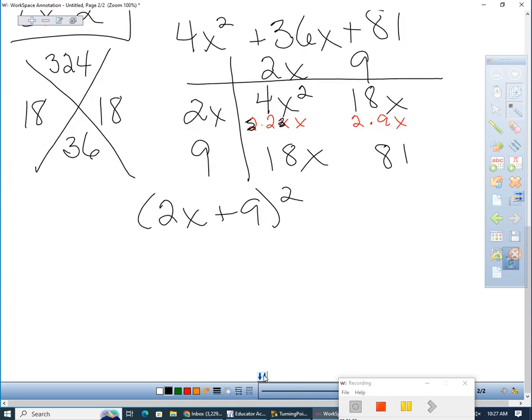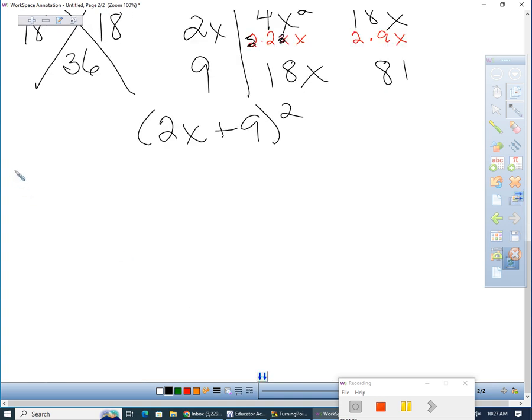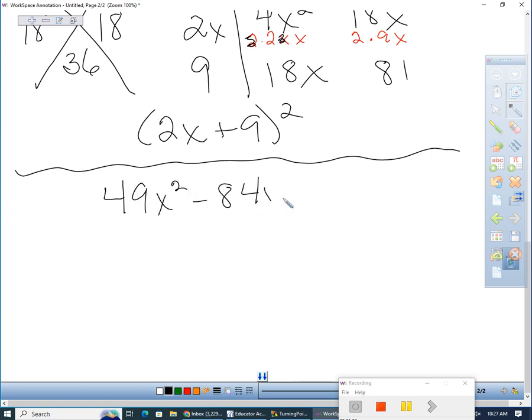All right. Let's do one more underneath that one real quick, and then we'll go to the other one. So let's do one that's really big and ugly. How about 49x squared minus 84x plus 36? So we're going to draw our x.